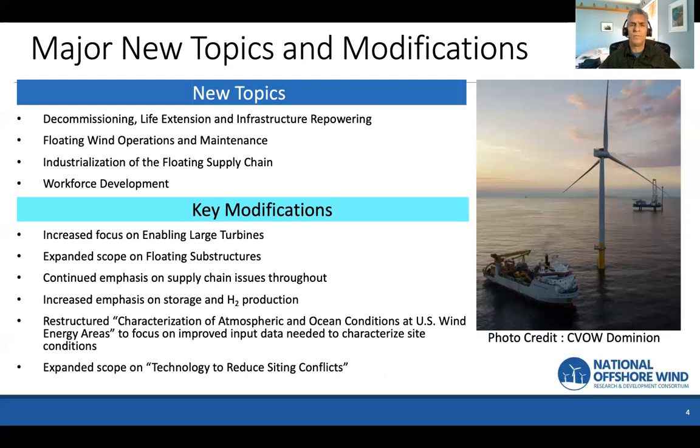And the roadmap's not limited necessarily to the 3 pillars in their first form that we had. So some of the key modifications, you'll see more emphasis on enabling large turbines.